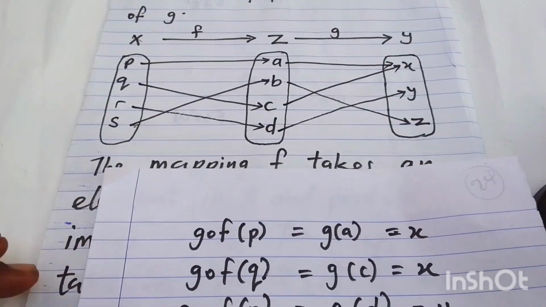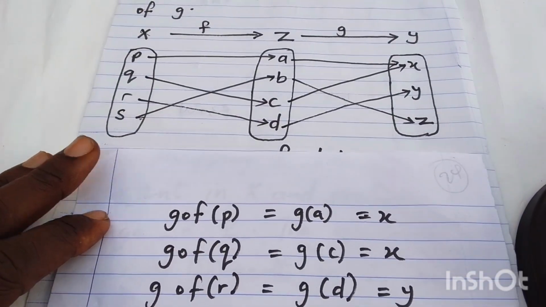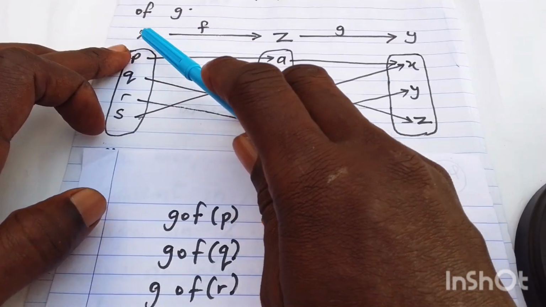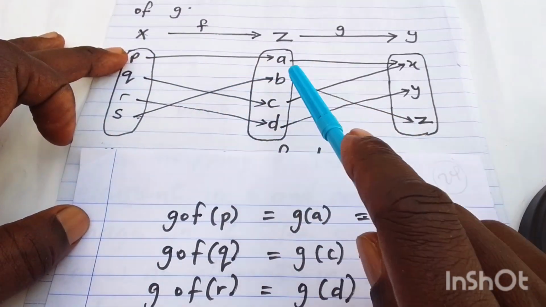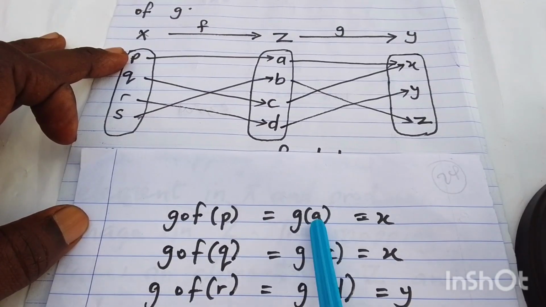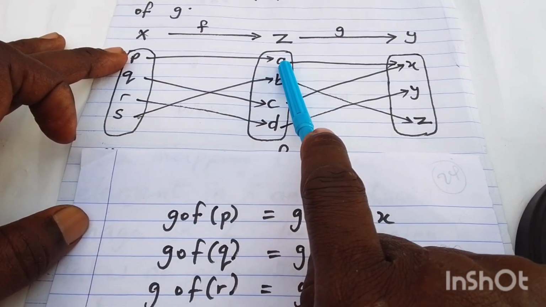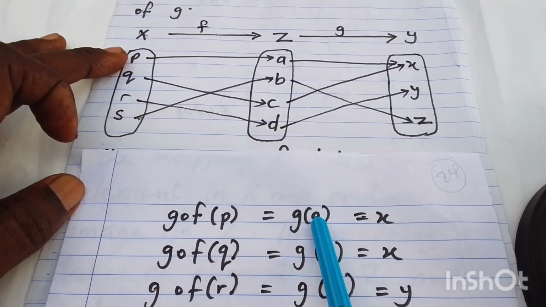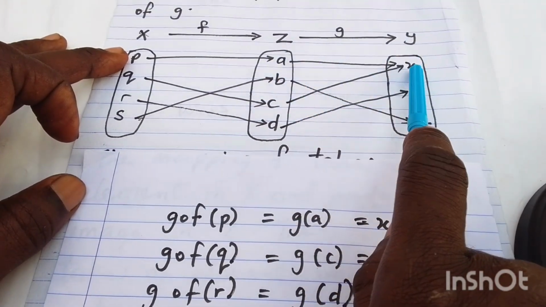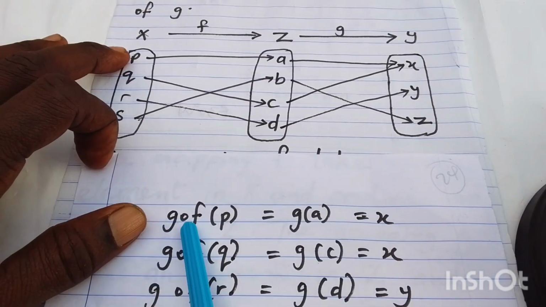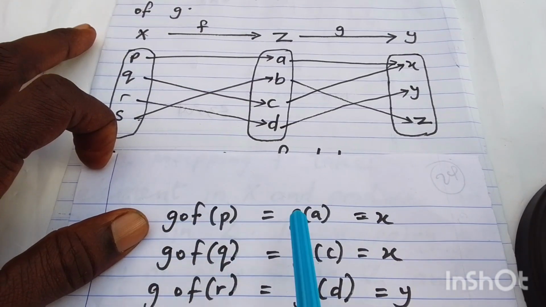So from this mapping, you realize that if you pick an element P here, it produces A in this set Z. This Z now becomes the domain here, then it produces X in Y. So that means the composite of GOF will be what?